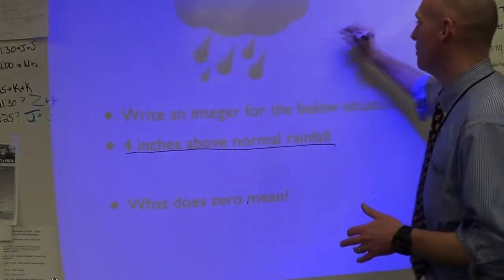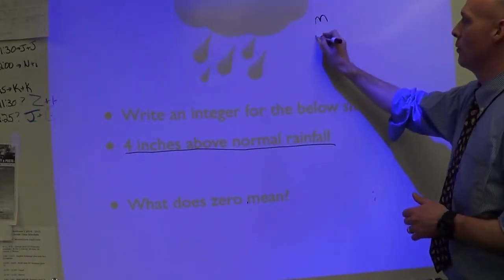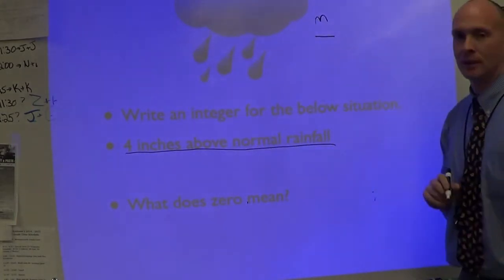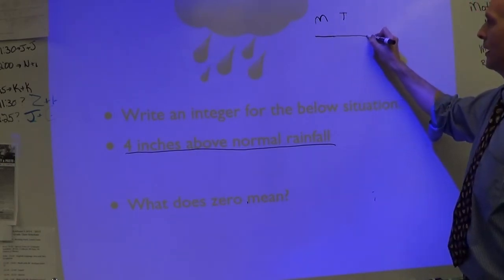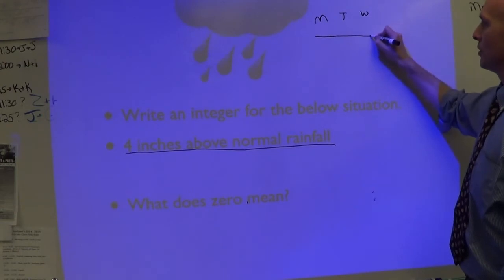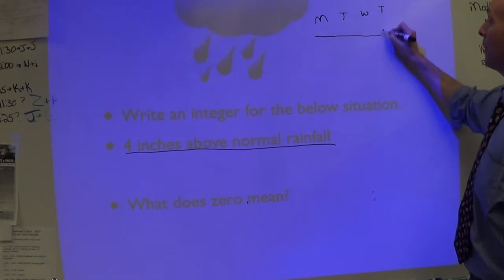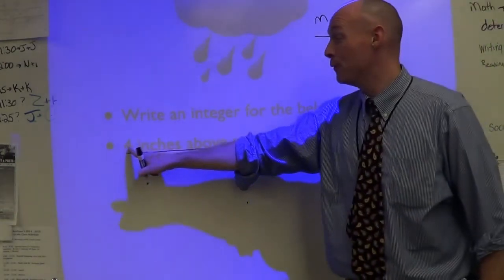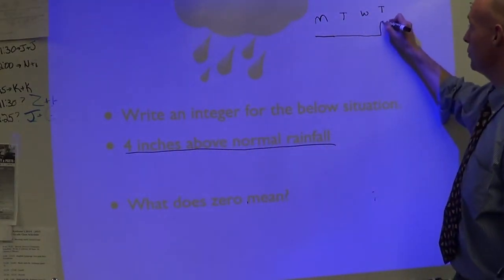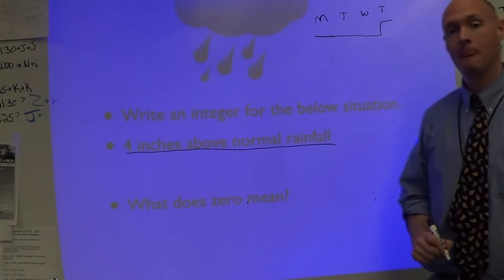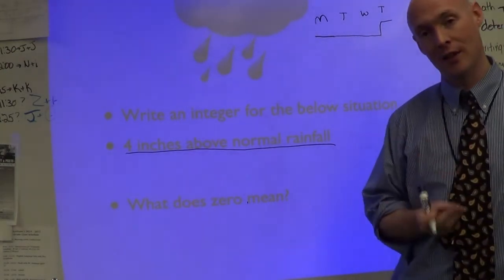Say on Monday it rained here. And then Tuesday was a normal rainfall day. And then Wednesday it was a normal rainfall day. But on Thursday it was 4 inches above normal rainfall. Okay. So what integer is that?